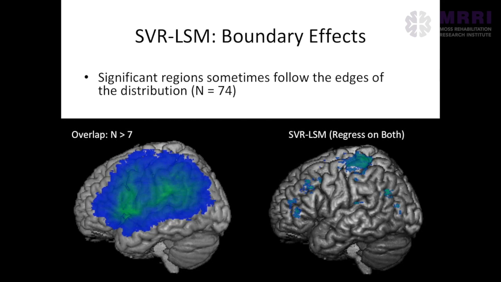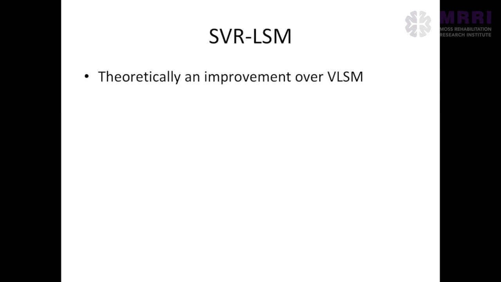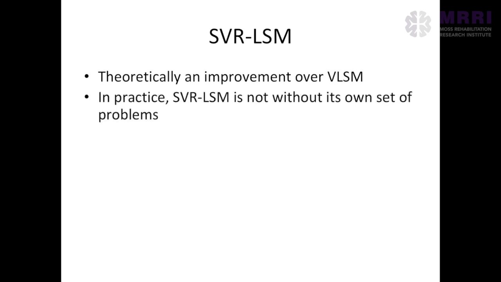Okay. All right. So lots of weird things going on here. Right. So just to summarize, SVR-LSM is theoretically thought to be an improvement over VLSM, but in practice, it's not without its own set of problems.